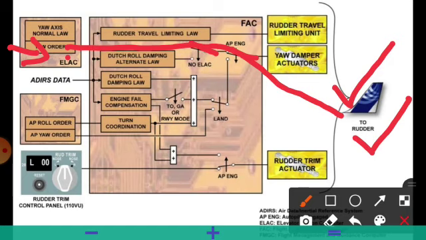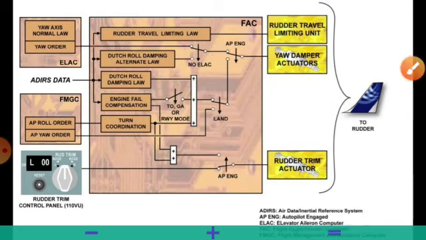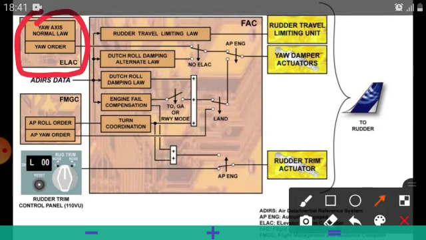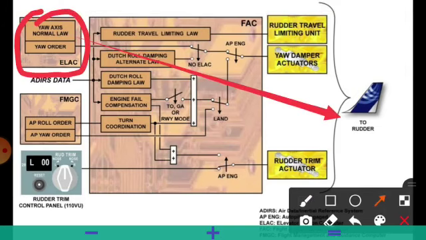Also, in some other conditions where it is necessary to use the rudder, commands are made inside the ELAC. So in normal law, without autopilot, ELAC controls the rudder, and yaw orders go to the rudder by the ELAC.